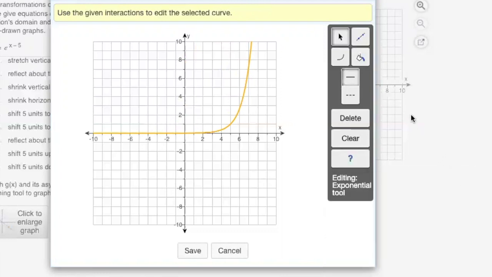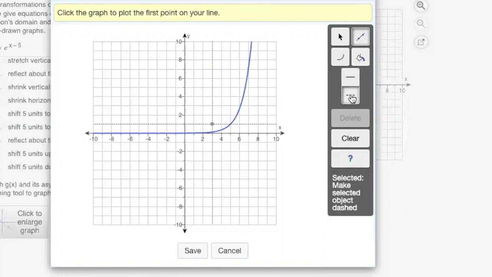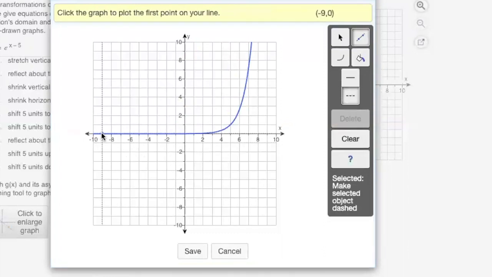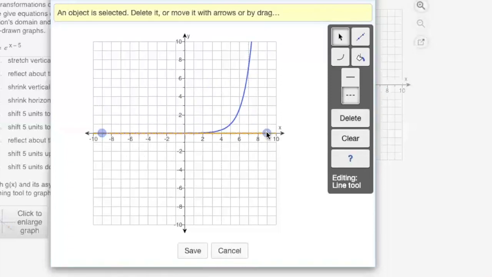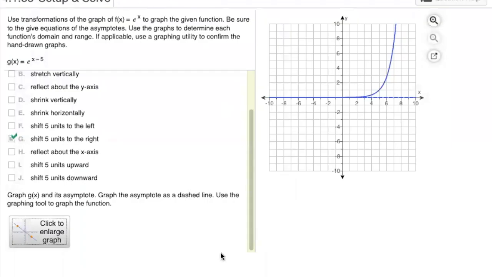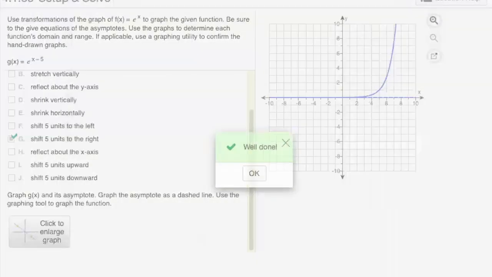I'm also supposed to graph the asymptote. So for that, I would click the line tool and it wants you to make it dashed. Now I choose 1 point on my asymptote and a second point on my asymptote, and you can see it's been graphed. Hitting save brings the graph into the question. Check my answer. Well done.